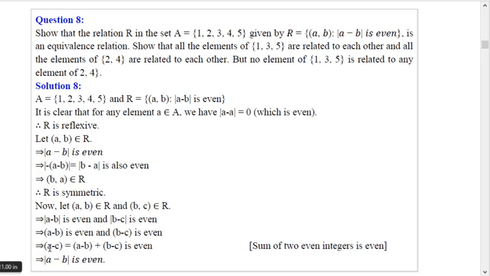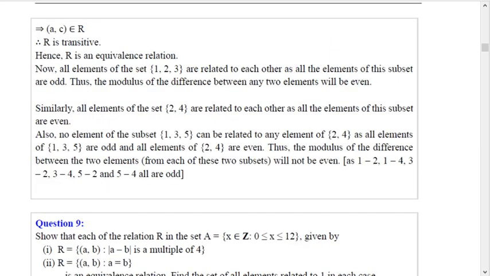So a - c is also even. Hence (a, c) belongs to R. R is transitive. Hence R is an equivalence relation.